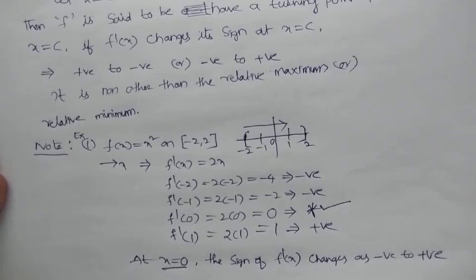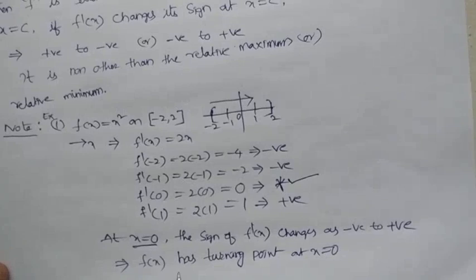A turning point for the given function. So what is the conclusion we make? f of x has a turning point at x is equal to 0.